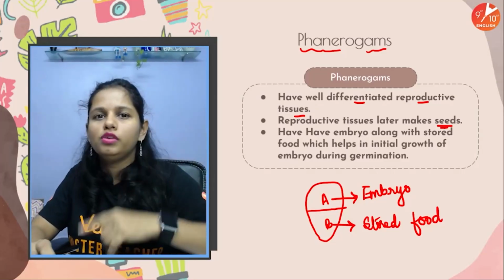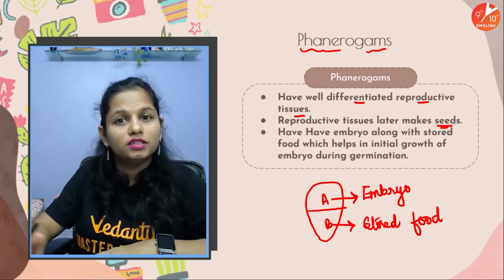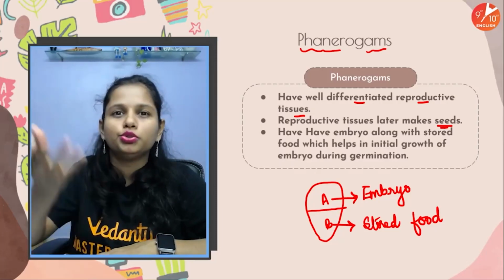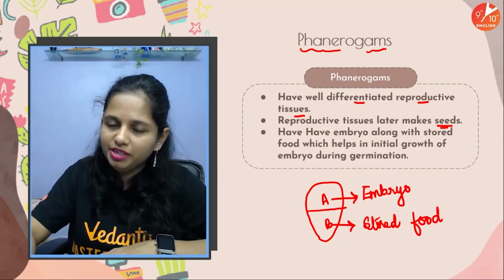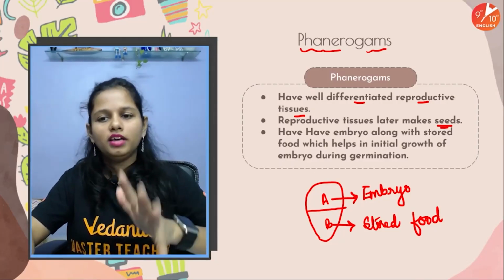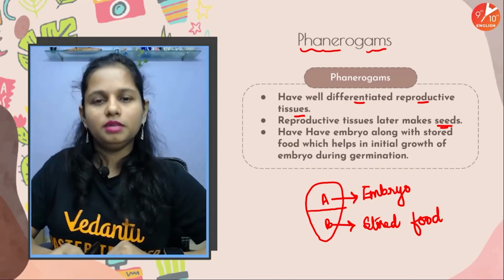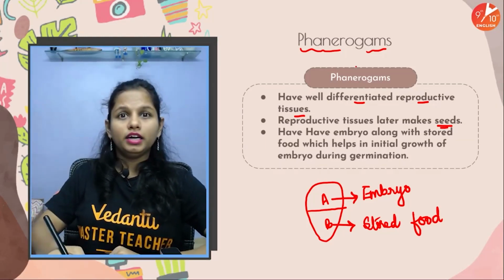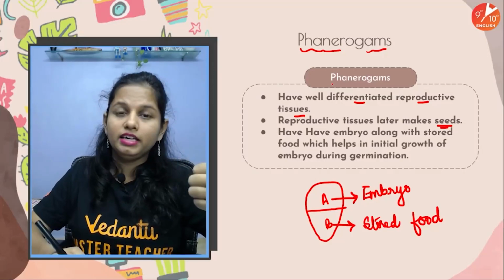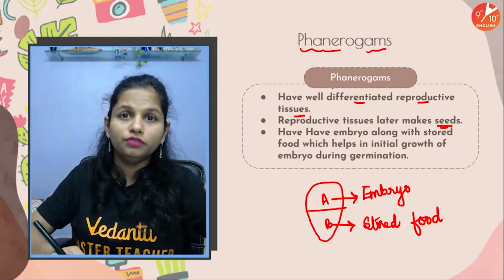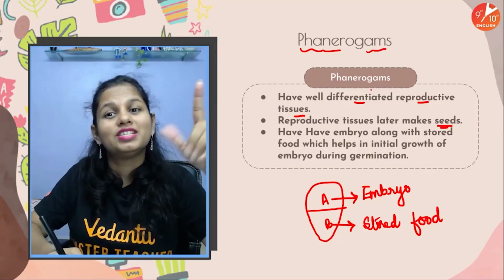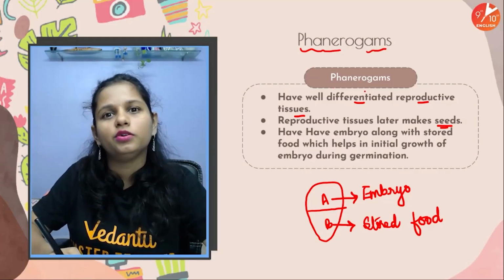The embryo will transform into a new plant, whereas the stored food will provide nutrition to the germinating seed. So these are the phanerogams, which have well developed, well differentiated reproductive organs. They produce seeds. Seed-bearing plants are known as phanerogams.